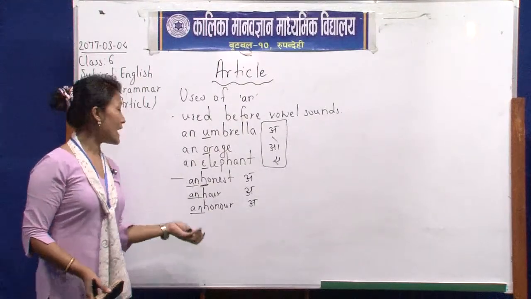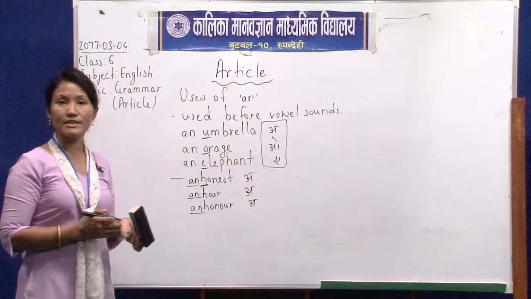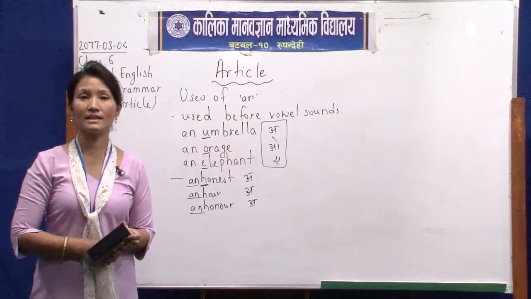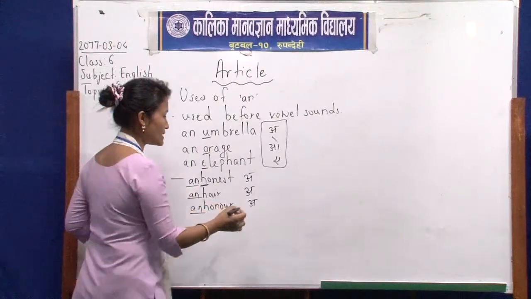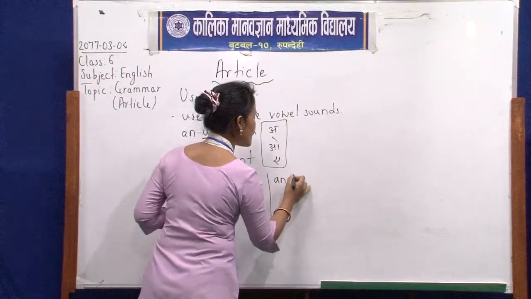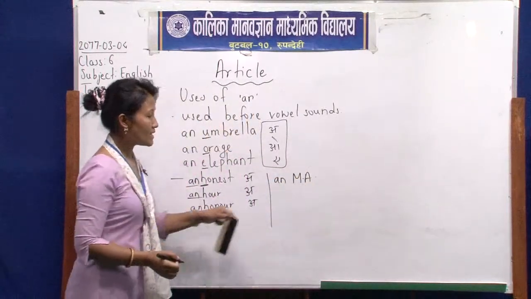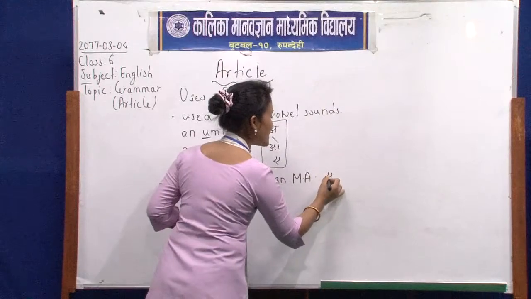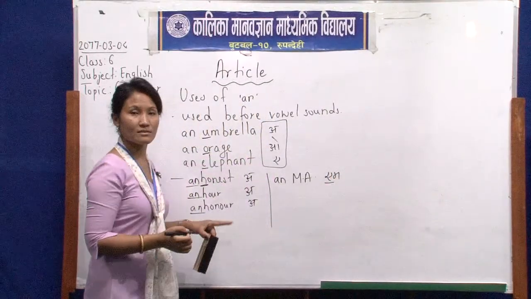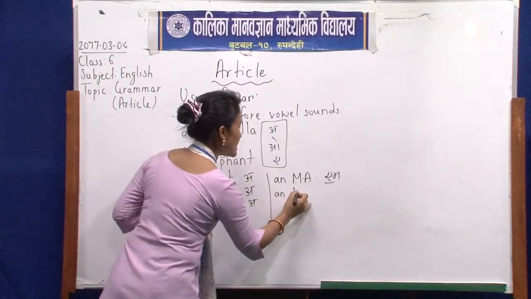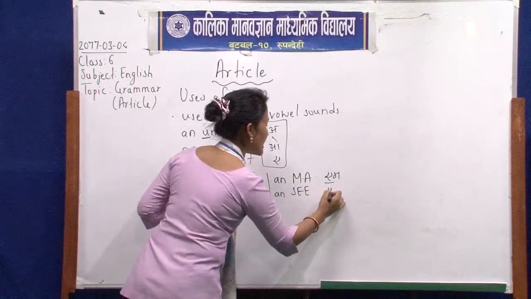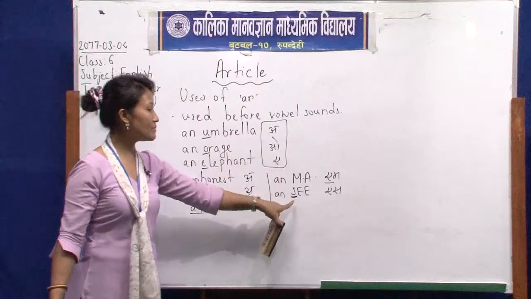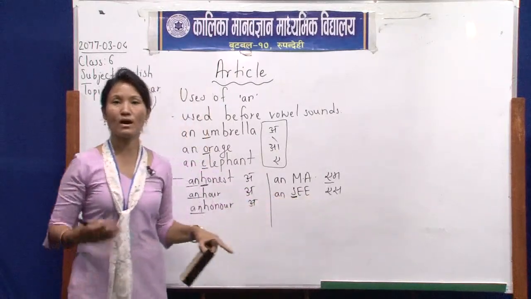Clear about it? And next, we also use an in some of the abbreviated forms or short forms whose initial sound is a vowel. For example, an MA. Here also M is a consonant letter, but the sound is "em", it starts from a vowel sound. So, an MA. Likewise, an SE. Here the letter is a consonant, but it doesn't matter because its pronunciation starts with a vowel sound.